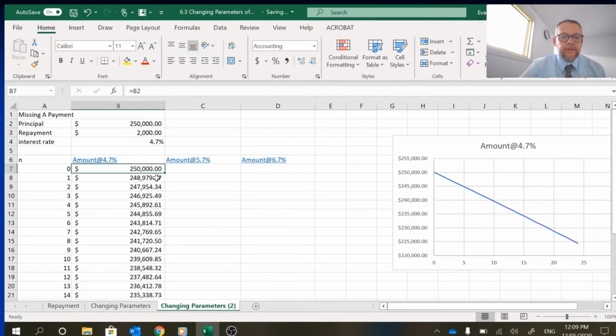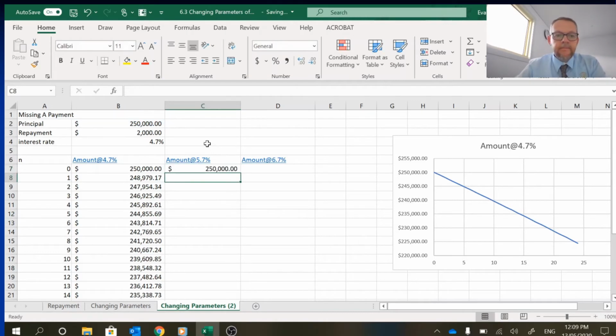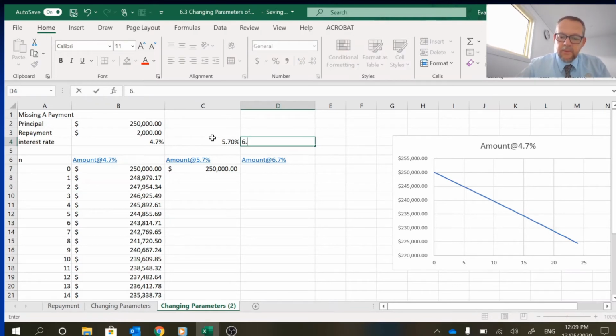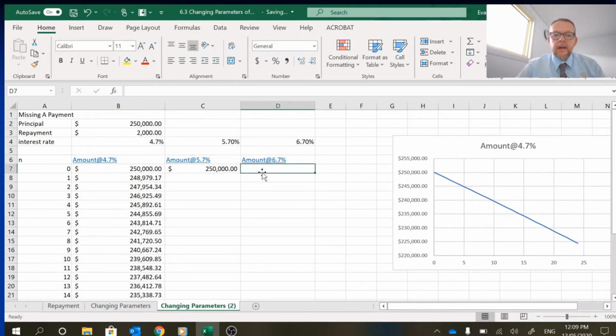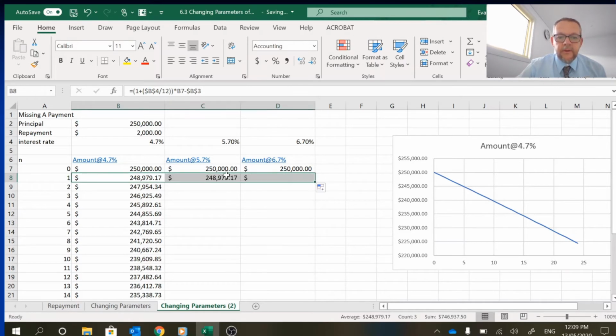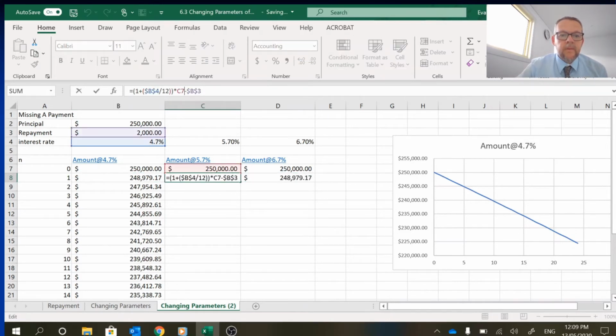So we've still got the same value that we're borrowing at the start, but in this case we've got 5.7% and this one is 6.7%. And this is going to still be borrowing 250,000 for this one. Now we'll just copy this over and change what we need to.